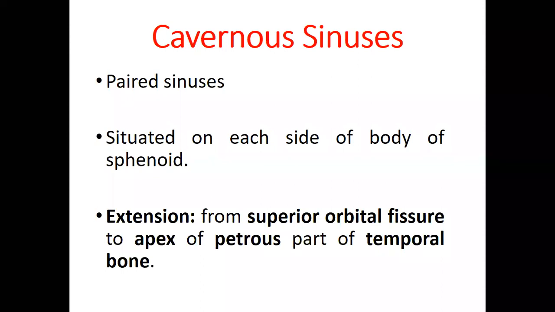Its extension is from the superior orbital fissure to the apex of the petrous part of the temporal bone.